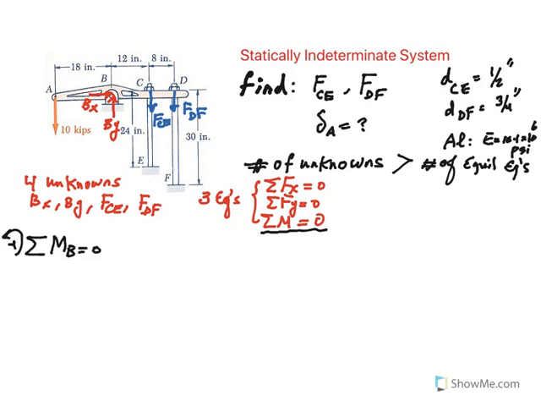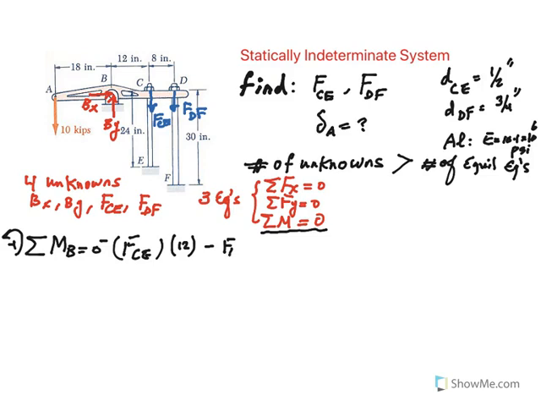We notice that the moment of FCE about B would be FCE times 12 inches, and we can keep these in inches, by the way. There's no reason to change them. That's going in the negative direction.